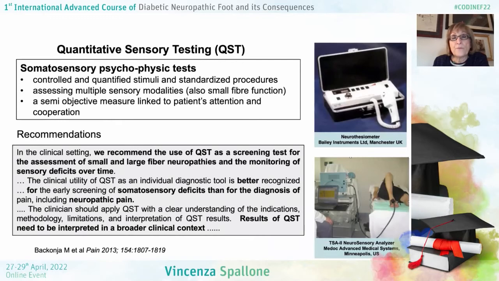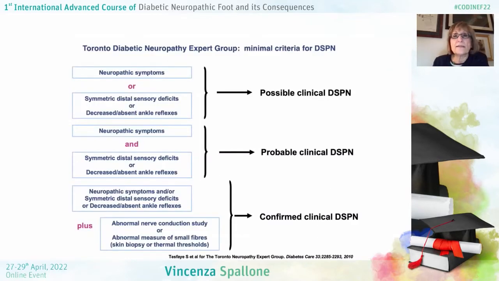The possibility to provide controlled and quantified stimuli with standardized procedures is an advantage of quantitative sensory testing, in addition to the possibility to study also small fiber function not covered by nerve conduction studies. And recommendations introduced the use of QST as a screening test for small and large fiber neuropathies, and also for monitoring over time of sensory deficits.